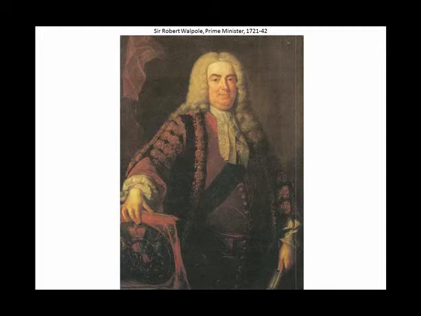Sir Robert Walpole is the first Prime Minister, and that has to do with dynastic politics in Britain. After the death of Queen Anne, the next in line for the throne had to be a Protestant, and it turns out that she didn't have many very close relatives.